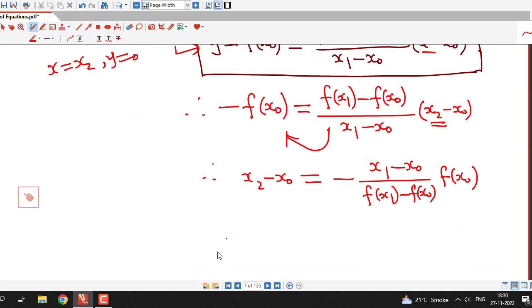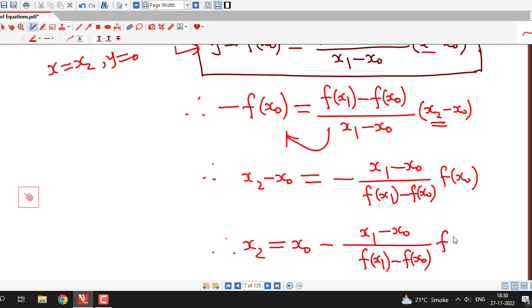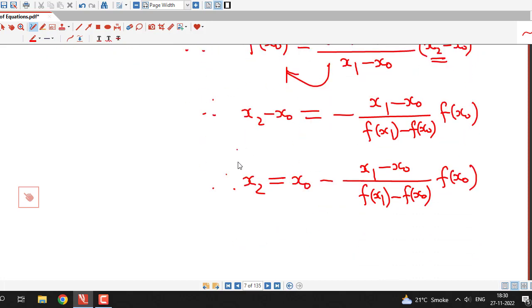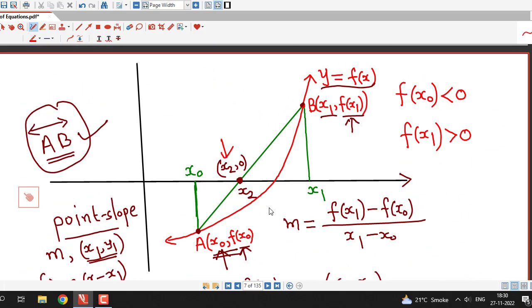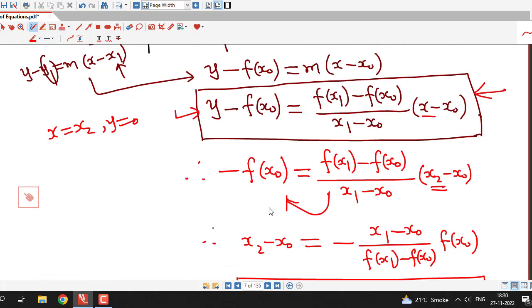So the value of x2 is x0 minus x1 minus x0 divided by f of x1 minus f of x0 into f of x0. This is the approximation to the root, and we have obtained this formula for x2 using the line joining these 2 points A and B.